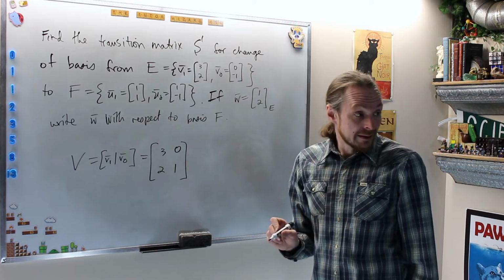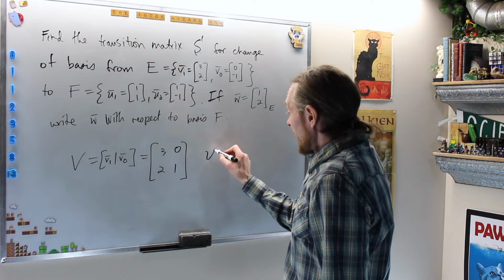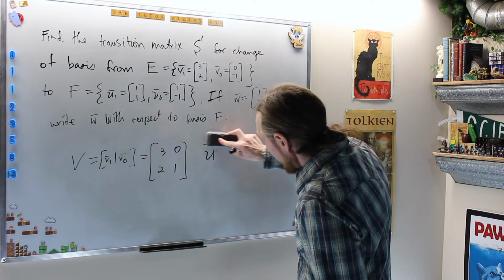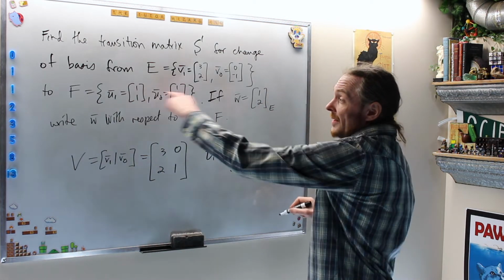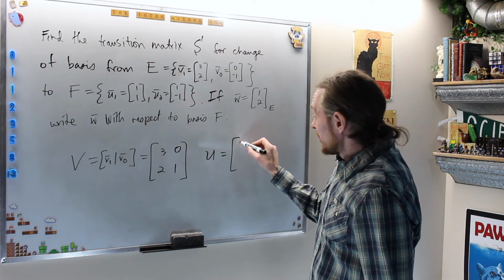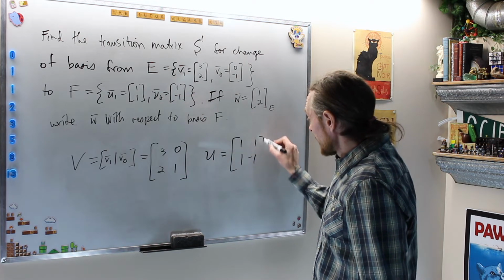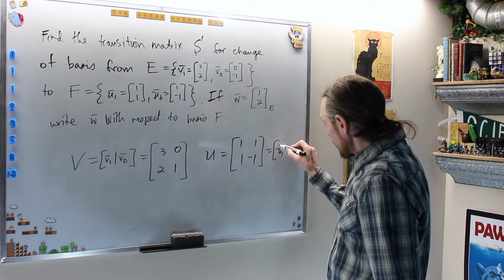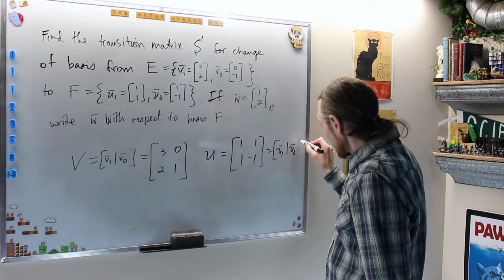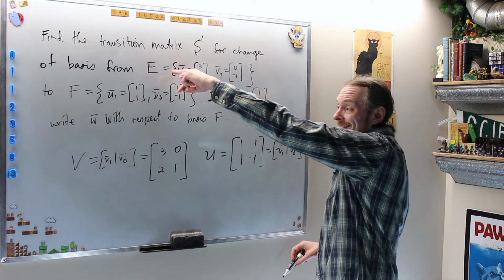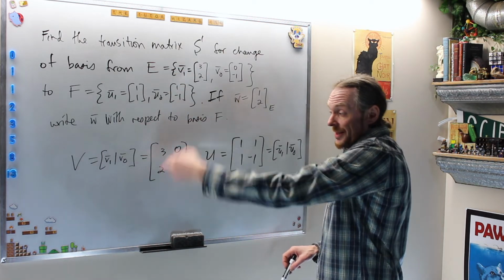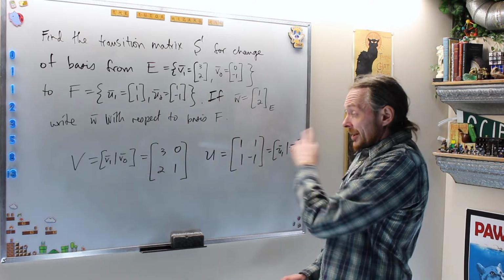So that's V. Then we create U, not the vector, the matrix U, which is these two vectors, U1, U2, which are 1, 1 and 1, minus 1, with U1 as its first column and U2 as its second column. So I create column vectors from the basis E and make a matrix V, and then I create a matrix U.